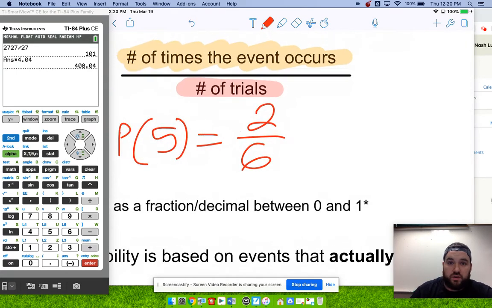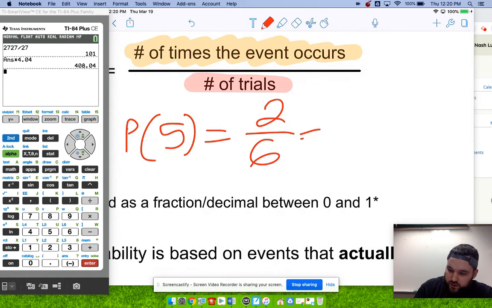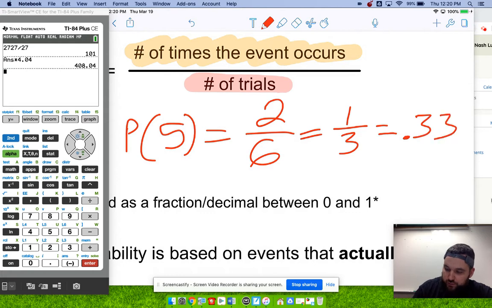Now, there's a lot of things you can do with this. We can reduce the fraction to 1/3. If you type 1/3 in a calculator, that's 0.33, and then some people will even call this 33%. Now, it's not exactly 0.33, it's 0.33 repeating, so technically it would be 33.3% and so on.